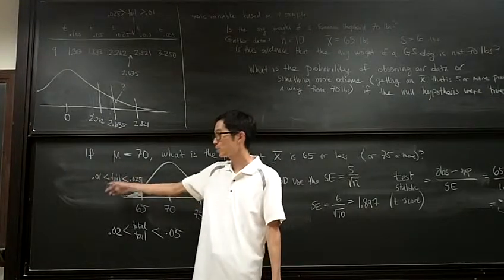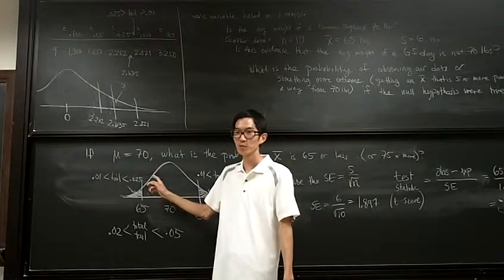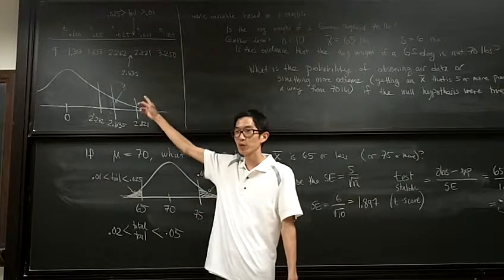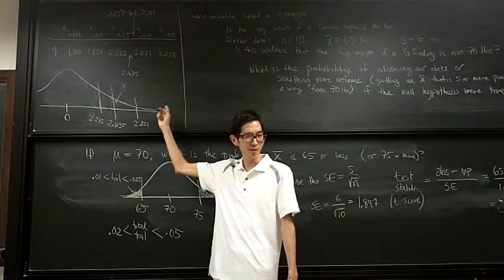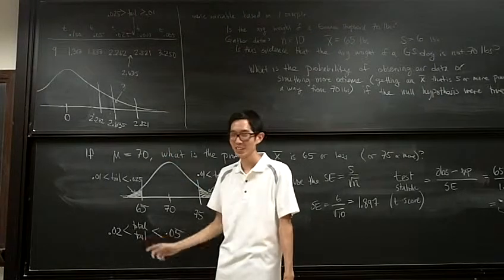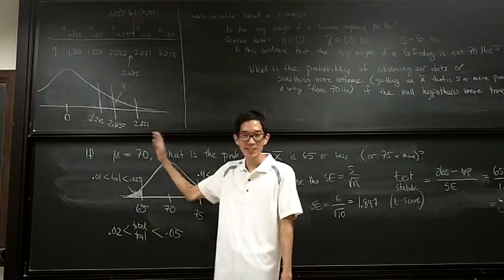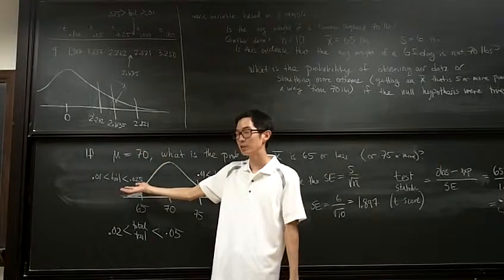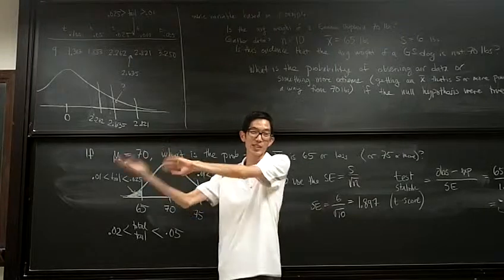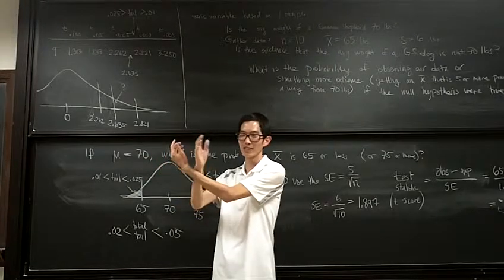So to say 1% less than the tail, less than 2.5%, that's saying the same thing as 2.5% is more than the tail, which is more than 1%. All right, is that confusing? No. Okay. We've got to get used to inequalities.